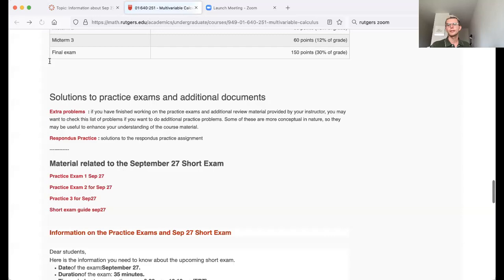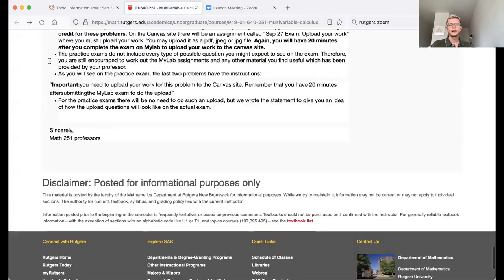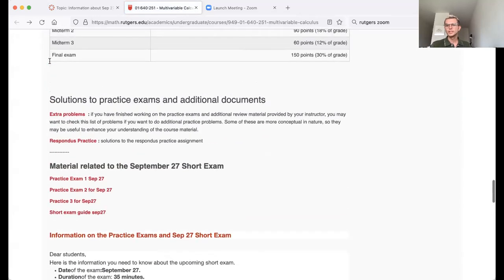They're sort of like practice exams, essentially based on the problems from the exams of spring and fall of the last two semesters. So they are really like exam problems. There are three practice exams like that, and if you want to compare your solutions, just click on these PDFs.